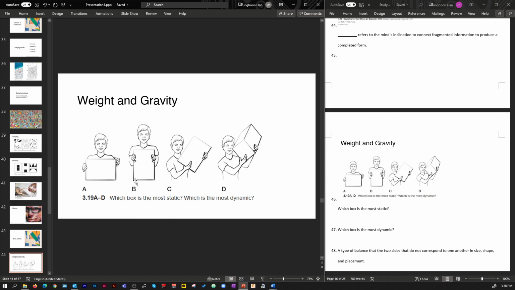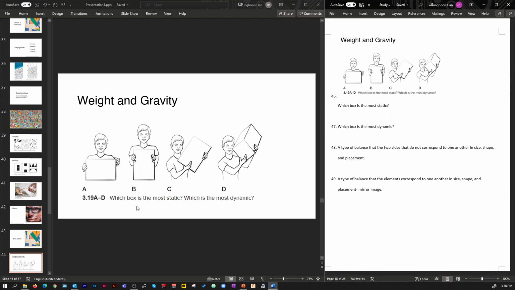Here is less stable because it has less line that is parallel to the frame. And here it gets a little bit worse because there's only one point right here, but it gets worse than this because now we literally only have one tip, whereas this is more. Here even though there's one point, this could be a side instead of a point, but here it is tipping on a point. So which box is the most static? That would be A, and the most dynamic will be D.